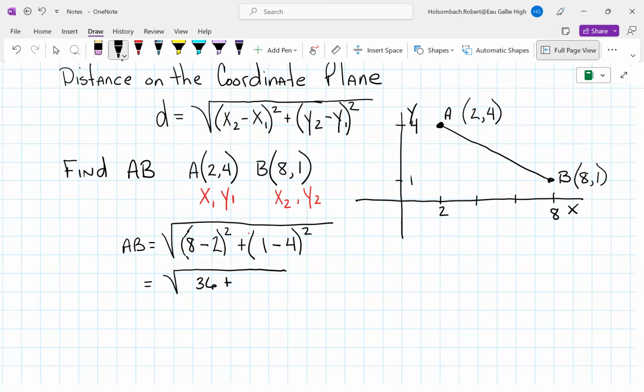And then you've got your 1 minus 4 equals, and hit X squared, and you get a 9. So under the radical, we get 36 plus 9, which is 45.